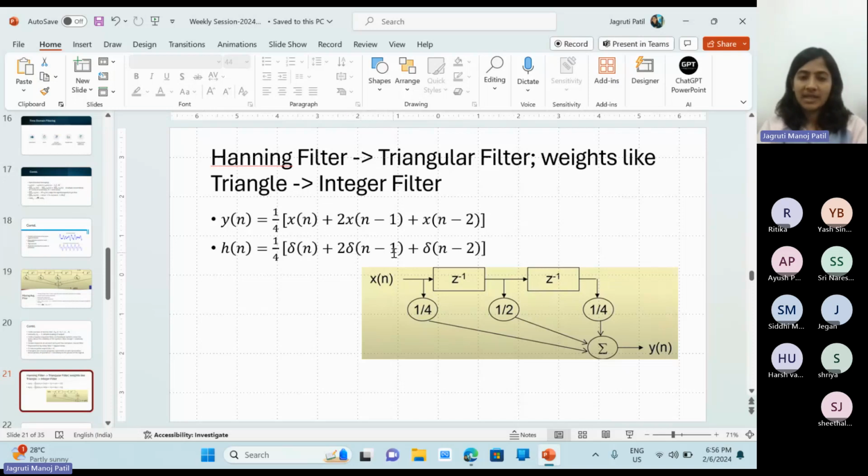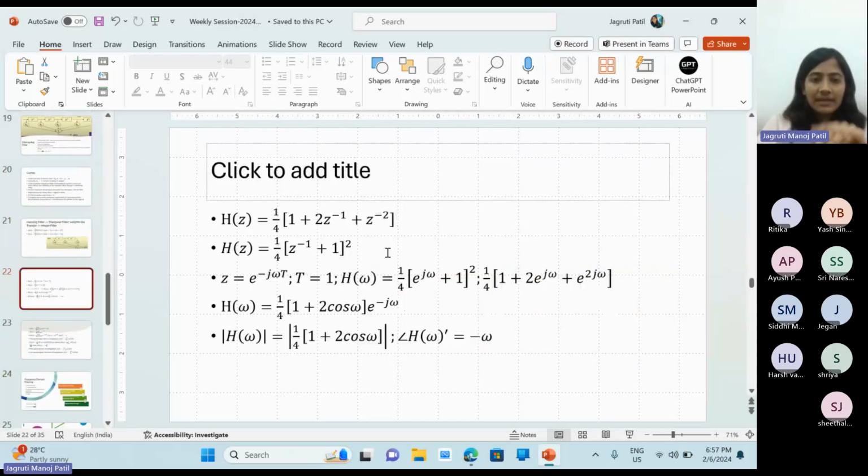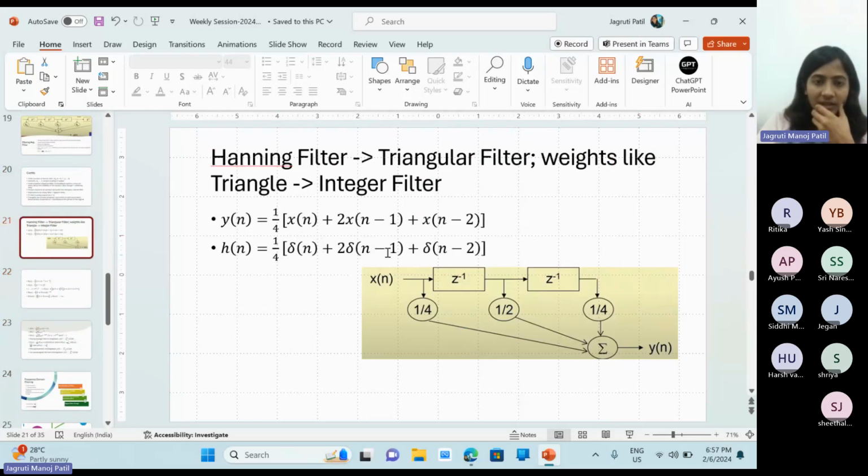But if you have two different delta functions, say delta of n minus 1, and also different functions, say h1 of n and h2 of n, if both of them are added, the delays would be added. So it would be like n plus k, or some other values would be added in between. I guess it's a continuation of this one.